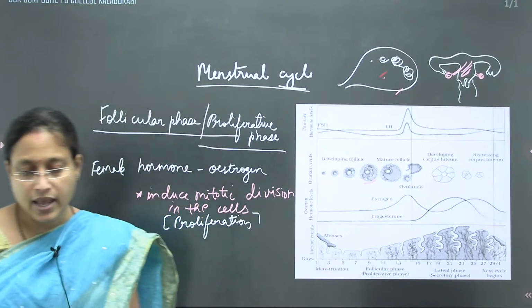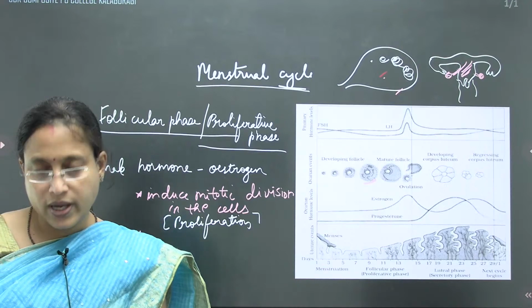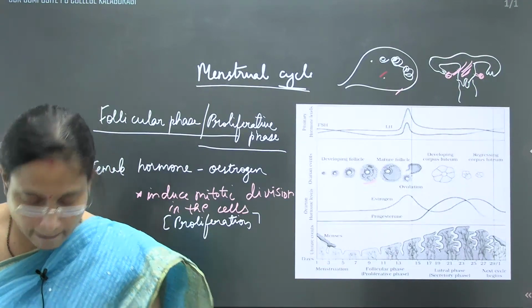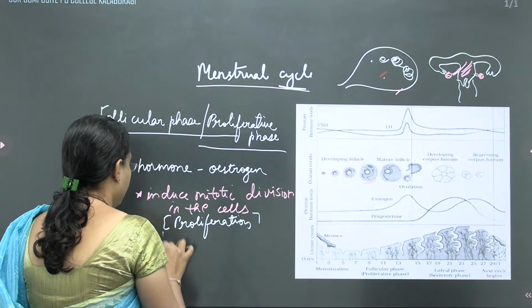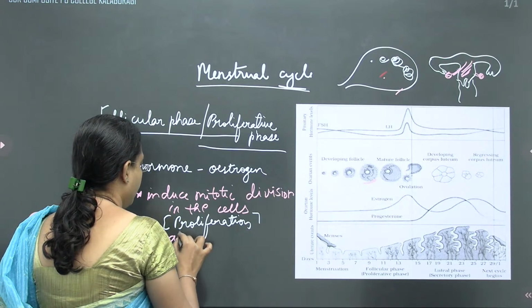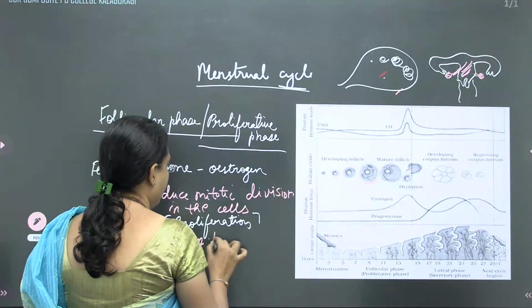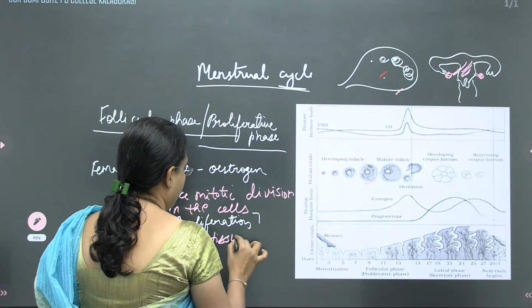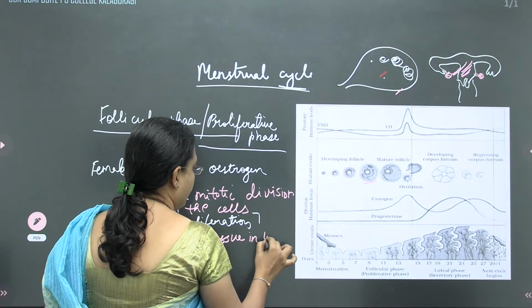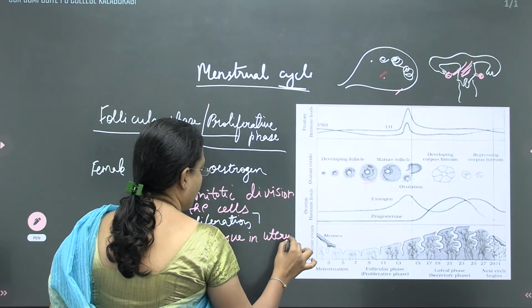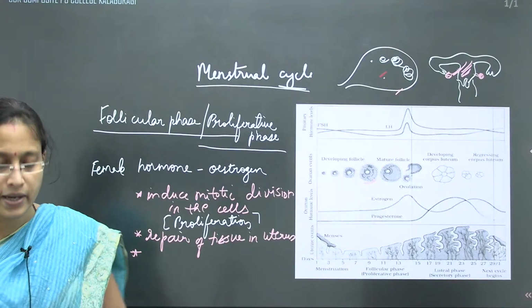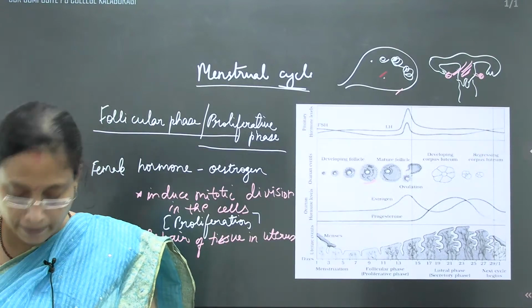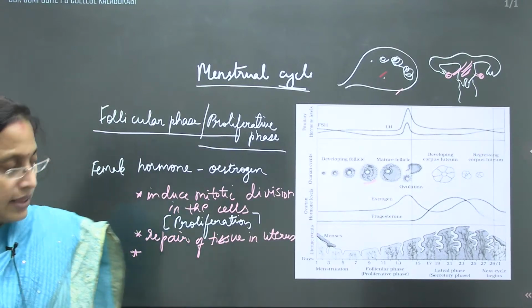So it will help in repair of the broken endometrium, that is tissue and blood. When it regenerates, it automatically helps even in the repair of the lost endometrium.